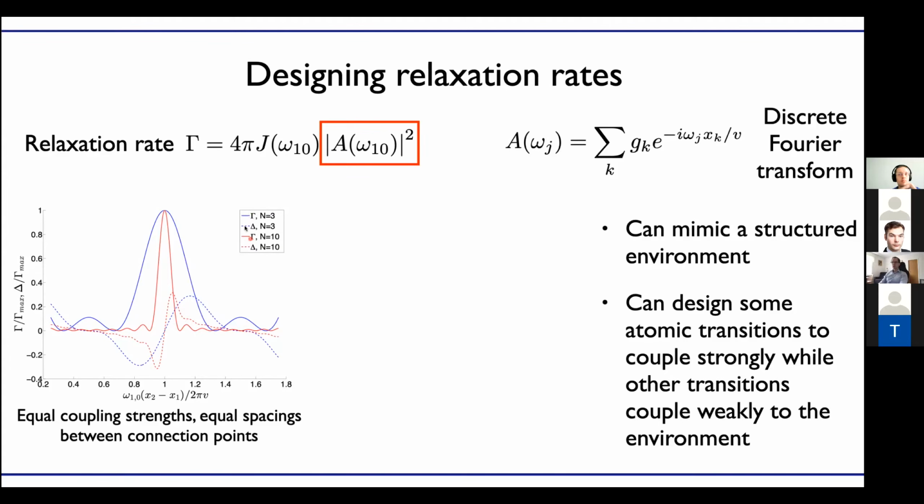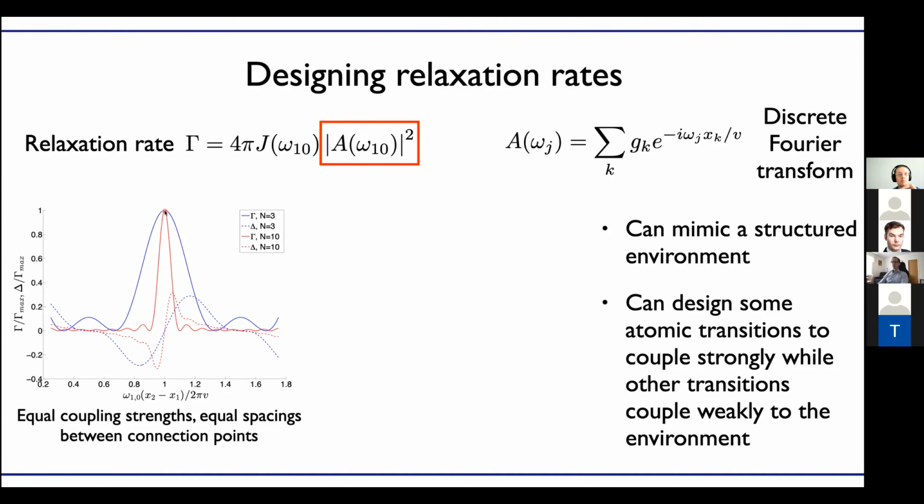So in solid lines, I show the relaxation rate gamma. For blue, it's with 3 coupling points, and red is with 10 coupling points. And then here as a function of the distance between the coupling points. So the 1 here means that the distance is 1 wavelength. So that's when you have constructive interference, and the distance is 1 wavelength between each.